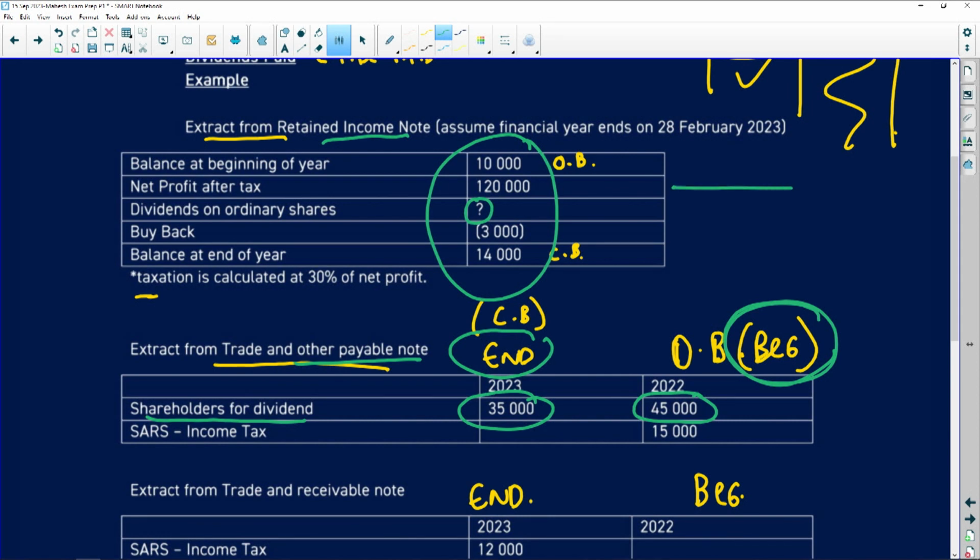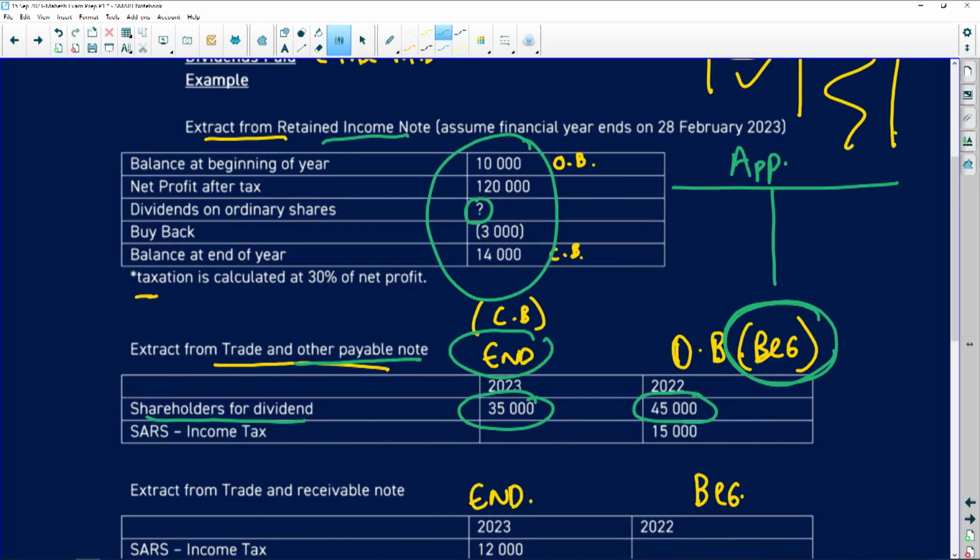Now, often what I like to do, and you don't have to do this, guys, is I will put this in a T account, just to make sure that I know when to add and when to subtract. So which T account do I look at? I look at the appropriation account. That's basically my go-to. It's the appropriation account, or appropriation together with the retained income ledger account.